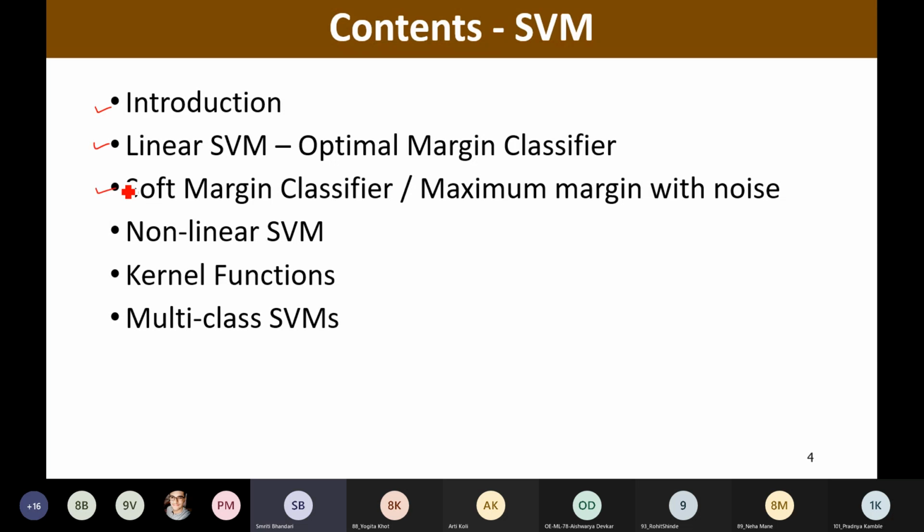Then we'll see non-linear SVM. We'll be focusing upon few kernel functions, those can be used. And finally, we'll look at how support vector machines can be used for multi-class classification. So this is the agenda for this section of unit number 5.